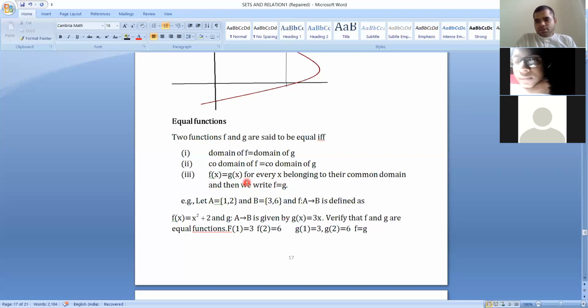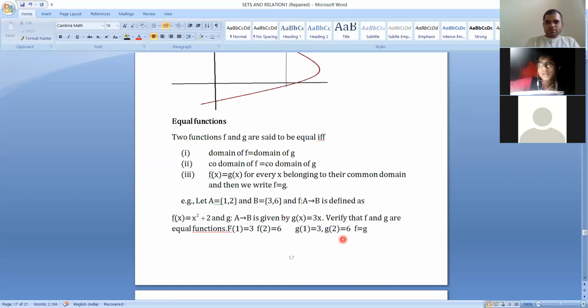So it should happen for every element belonging to their domain. Both the functions have only two elements in their domain, that is 1 and 2, and we have checked the values for both the elements and the corresponding values are equal.